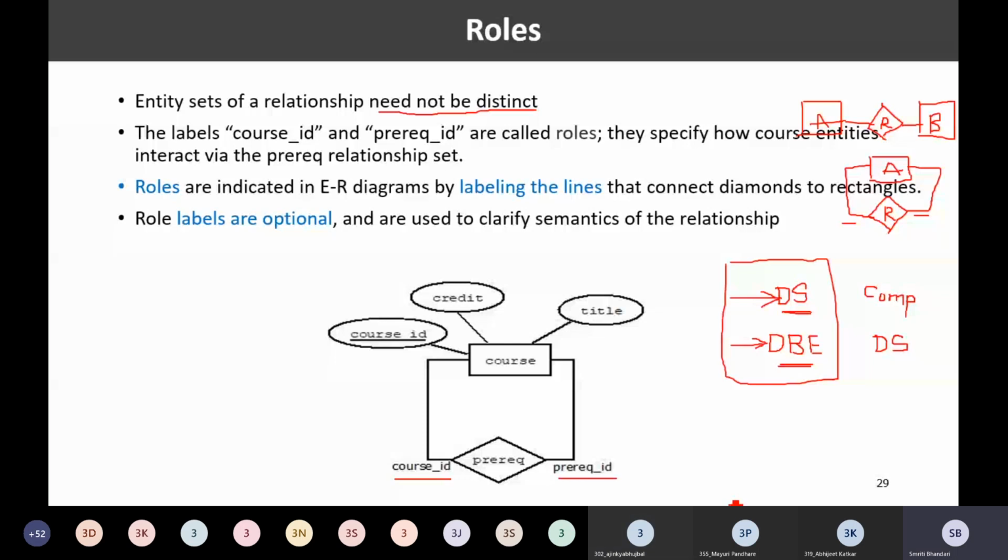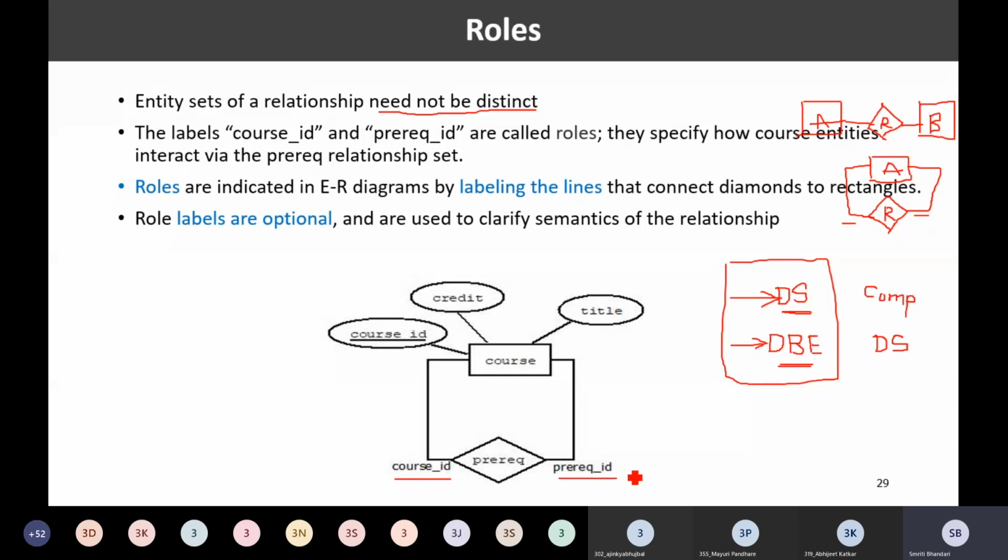Okay. Fine. So the roles are actually indicated in ER diagrams by labeling the lines that connect to the relationship, right? So by making use of these labels, we are trying to clarify the semantics of the relationship. So in this typical example, we may say that for one particular course, there is a prerequisite course.